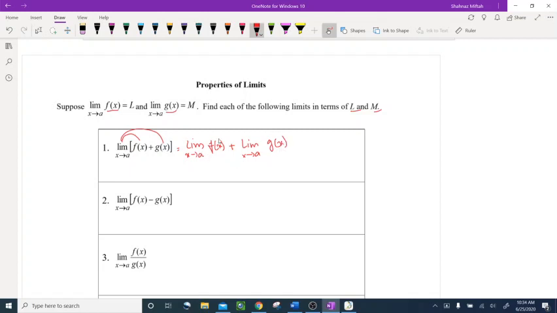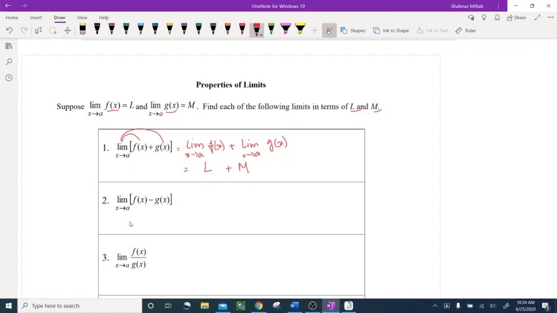So it makes it easier, because you are only looking for the limit of f of x, then the limit of g of x, and you add them together. Since we already know the limit of f of x is L, I write L here, plus the limit of g of x, which is m. These L and m are like y values. Remember, a limit is always a y value where the x is approaching. So these are real numbers. So L plus m, and that will be my answer for that.